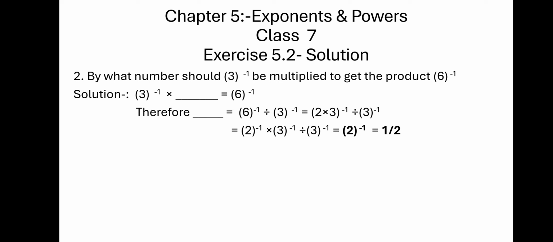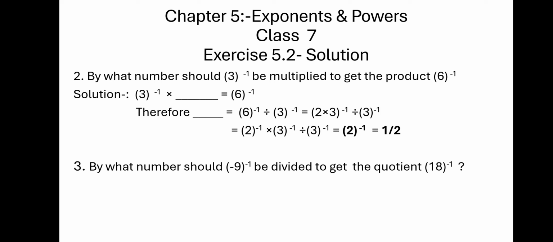When you write it with a positive index, it will be 1 upon 2 whole raised to 1, that is equal to 1 upon 2. You have learned the law of exponent: a raised to negative m is equal to 1 upon a raised to m. So therefore 2 becomes 1 upon 2 and the exponent becomes positive.